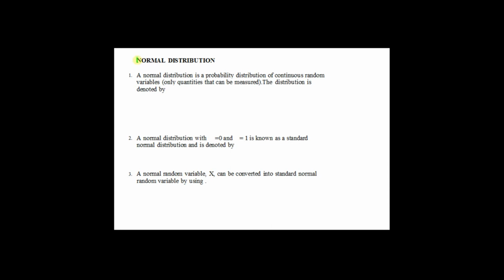First, I'm going to introduce to you the normal distribution. A normal distribution is a probability distribution of continuous random variables. The distribution is denoted by X is normally distributed, and you have to put in your mean and the variance. So mu is the mean of the normal distribution and sigma squared is the variance.